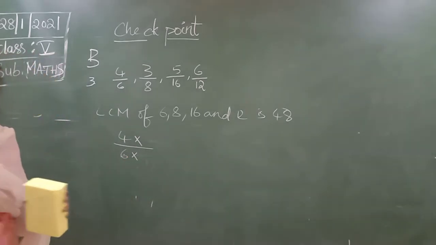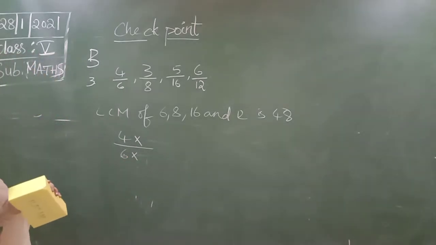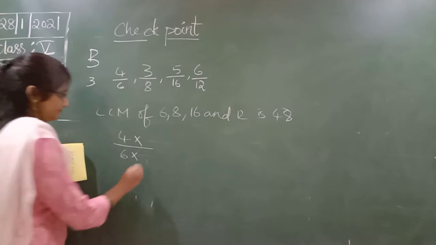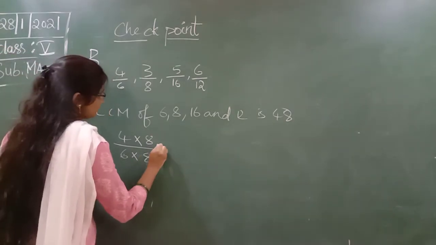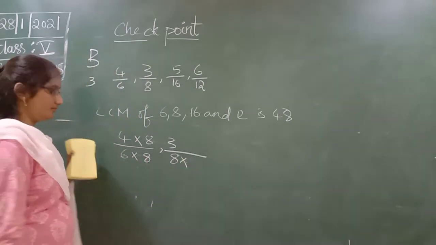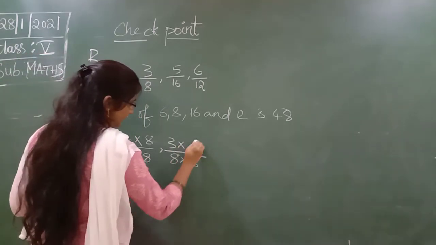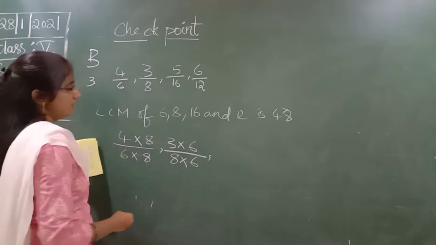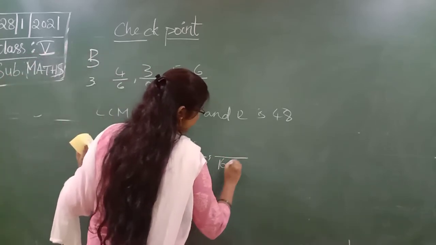In the 6 table, 48 is 6 8s. In the 8 table, 48 is 6 8s. In the 16 table, it is 16 3s.